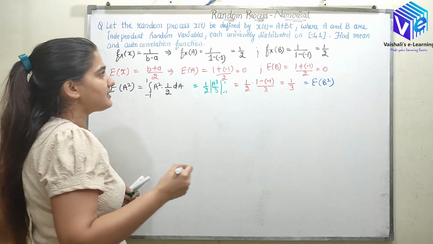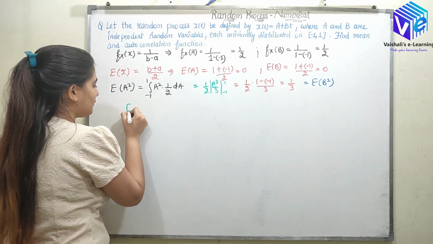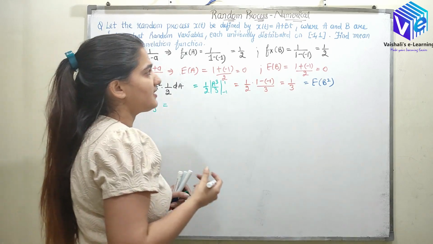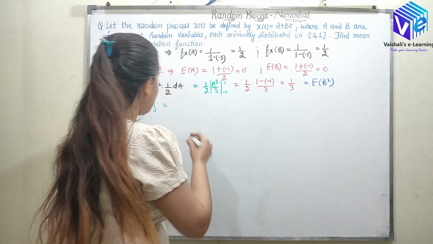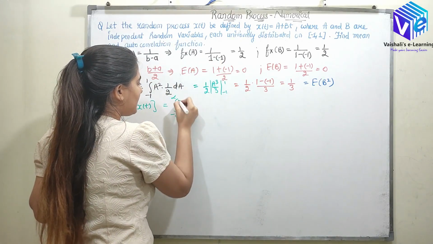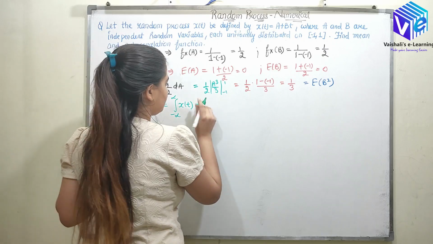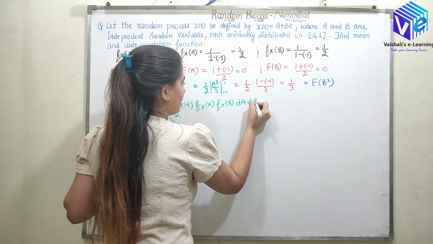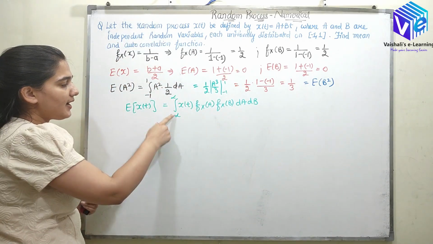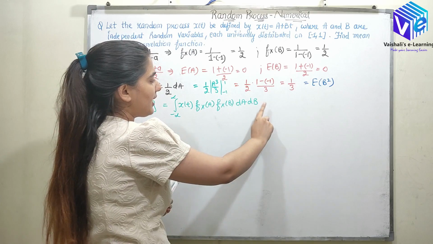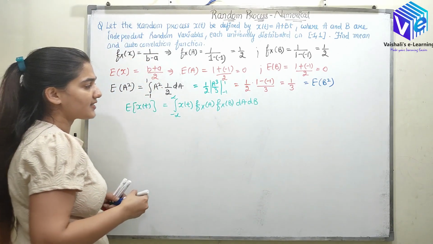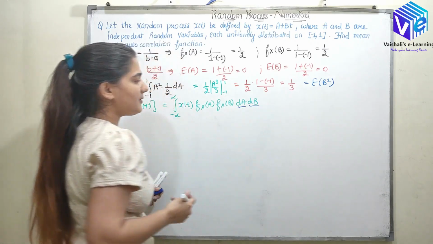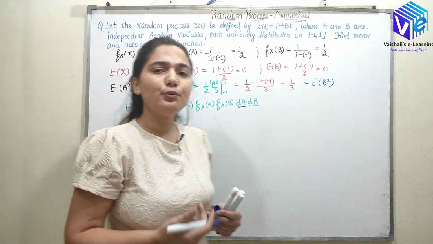Now I'll be analyzing the random process X(t). If I need to find the mean of X(t), it depends on two random variables. So here I am integrating X(t) over the two random variables, where f_A and f_B represent the PDFs, and dA dB represents the integration over the two random variables.